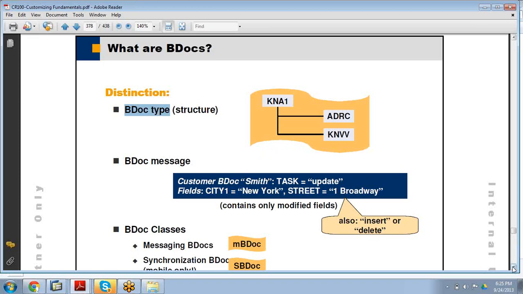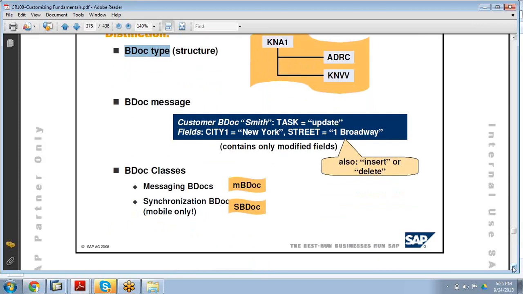Still it remains the same. So BDoc generally will have two types of classes. One is MBDoc, called mobile messaging BDoc, and SBDoc is called synchronizing BDoc. SBDocs are used only in mobile cases, mobile-related synchronization processes.